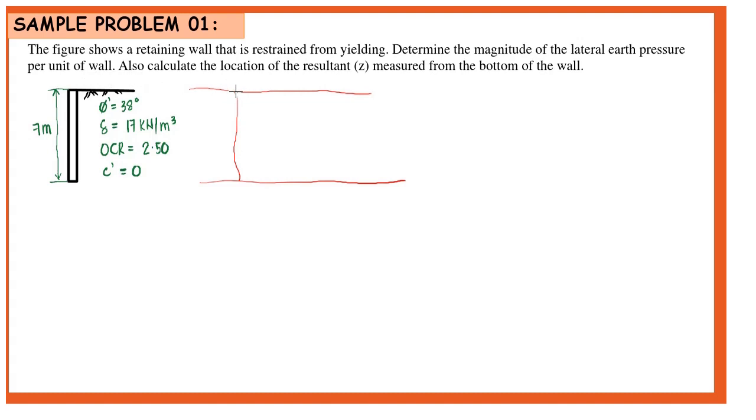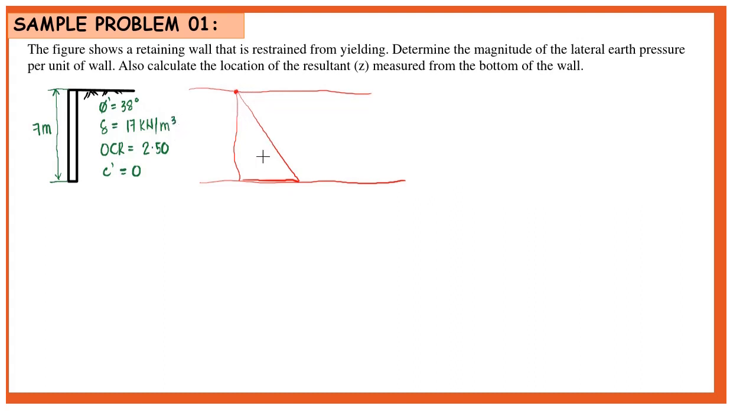So our pressure at h is equal to 0 is still 0, and increasing with the depth of our soil, which is the 7 meter. That will be our pressure distribution for this particular problem.